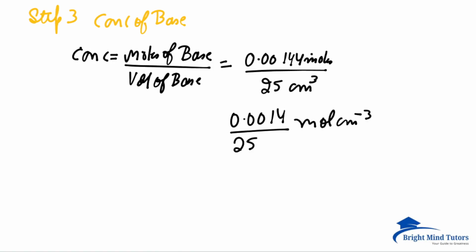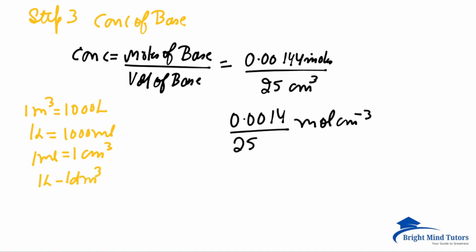So again the conversion we have to do. Centimeter cube you need to convert into decimeter cube. Since we know that 1 meter cube is equal to 1000 liters, 1 liter is equal to 1000 ml, and 1 ml is nothing but 1 centimeter cube, or 1 liter is 1 decimeter cube only.